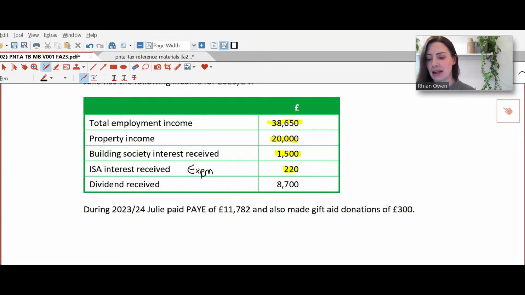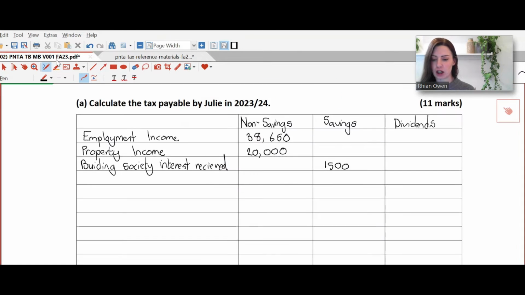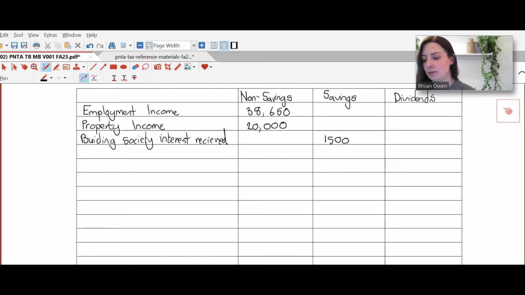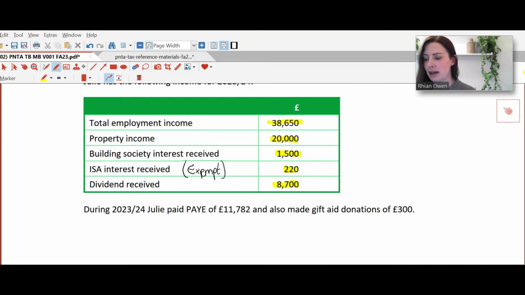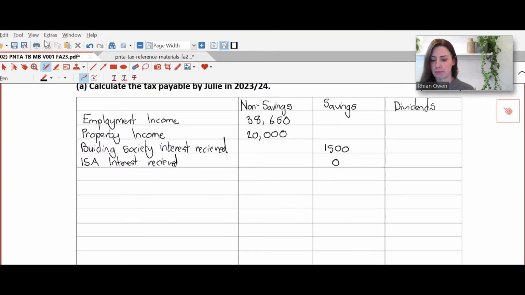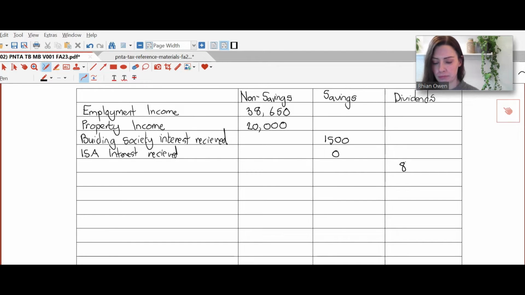That one would be exempt, so we'll include that, but we'll put it as nil. And then we've got dividends received, £8,700.